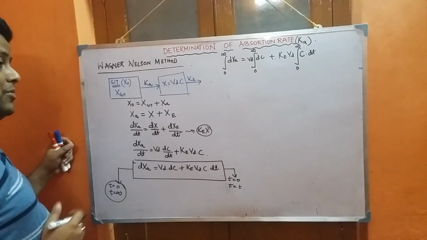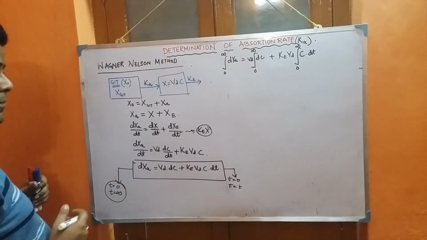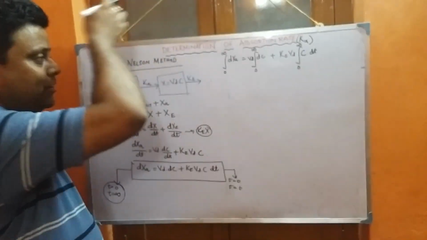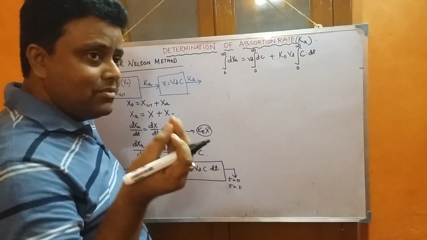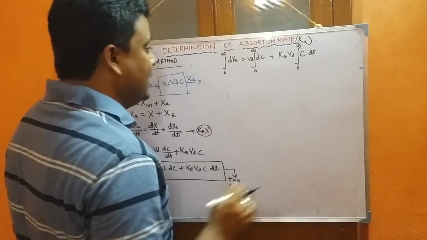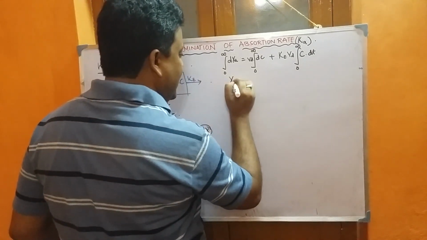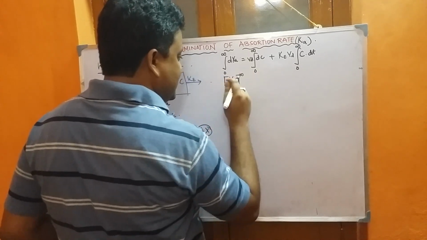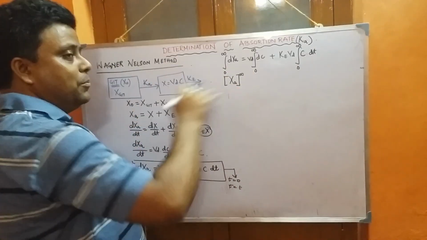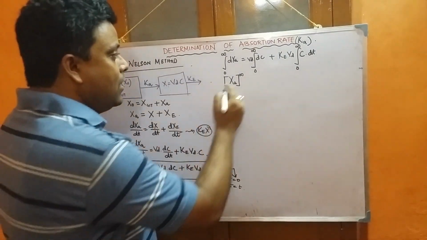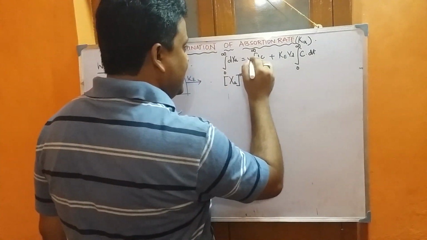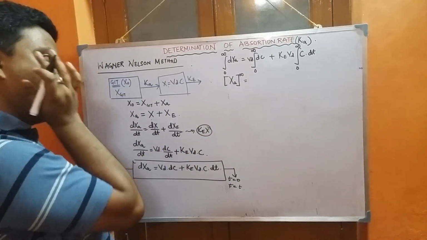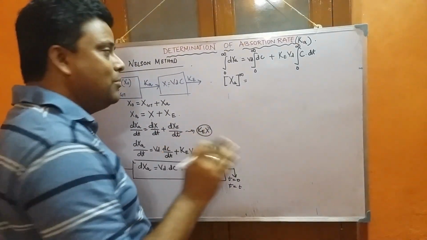So this is what we are getting in one way. If you consider the integral of XA from 0 to infinity, it represents the total amount of the drug which is being absorbed up to infinite time. Whereas if you consider what will be the final concentration of the drug.